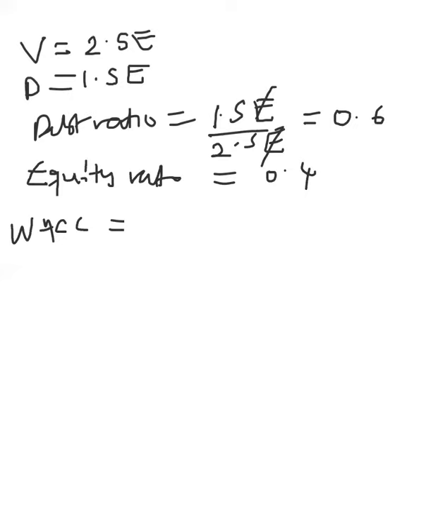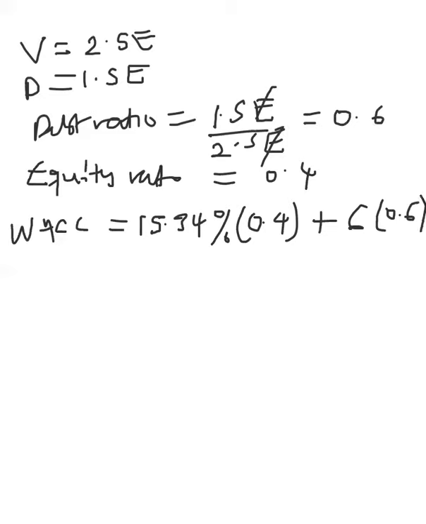Then I can say my weighted average cost of capital is equals to, we had 15.34% multiplied by the share of equity 0.4, plus the risk-free, which is that the ID is equals to 6%, multiplied by 0.6. That means I have 15.34 times 0.4, which is 6.136, plus 6 times 0.6, which is 3.6.